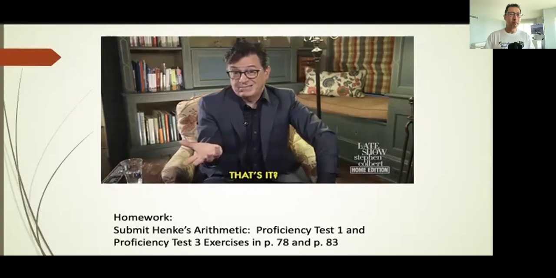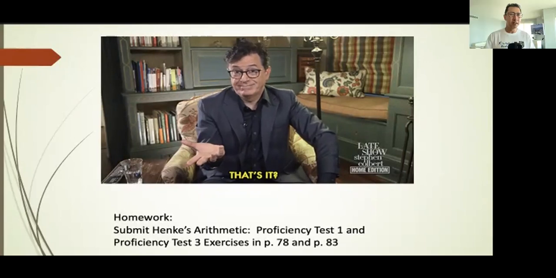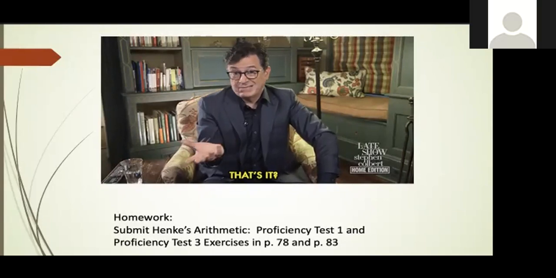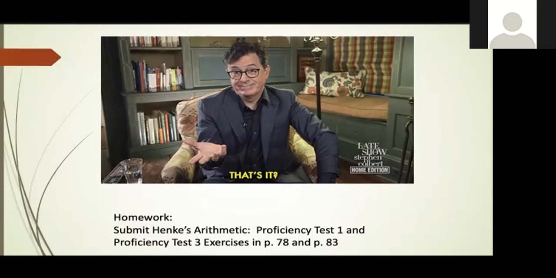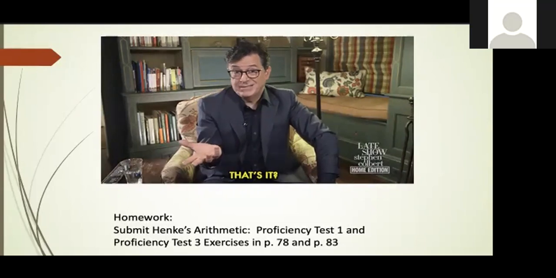Or do you want us to do 1 and 3 for 78 and 83? I'll send an email. I can't see it right now, so I'll send an email out because I can't look at it. Okay, because it sounds like it's just proficiency test 1 for page 78 and then proficiency test 3 for page 83. I just wanted to make sure. Okay, I'll let you know.